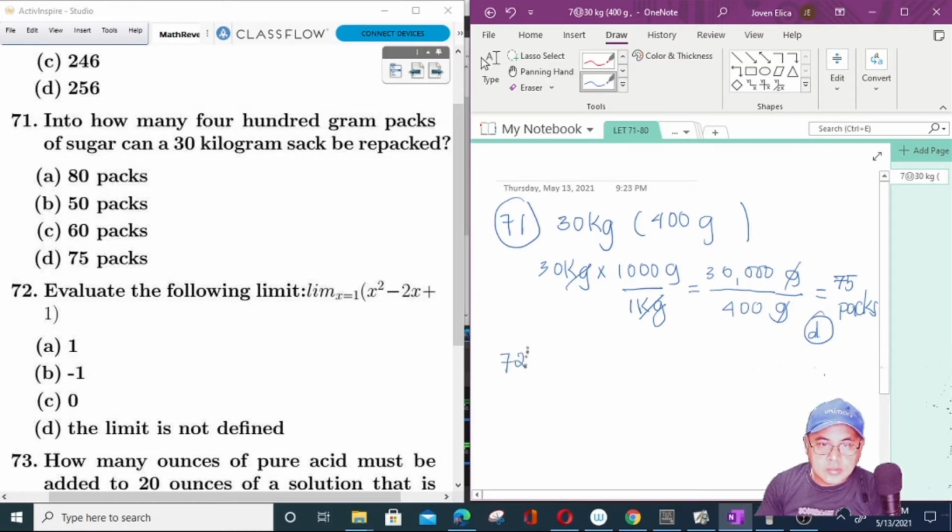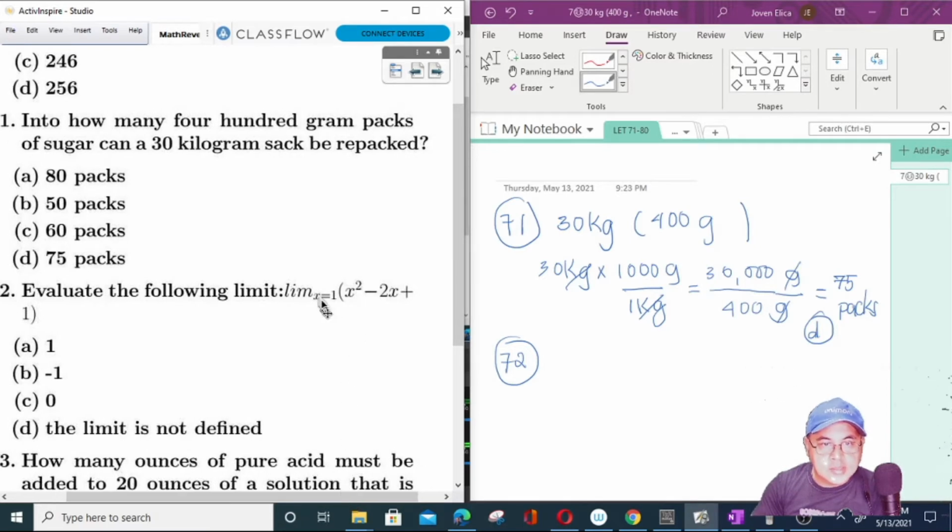Okay, so number 72. Evaluate the following limit. This is a principle of calculus. This is not x approaching zero. The limit is as x is equal to 1. That means we just need to evaluate the value of the limit of each term with the given value of x, which is equal to 1.